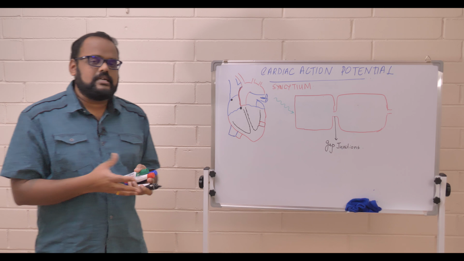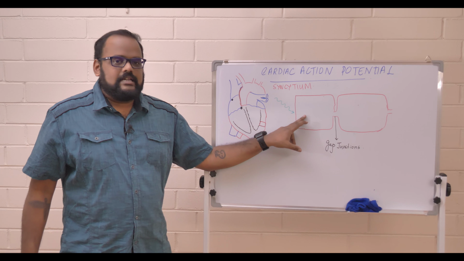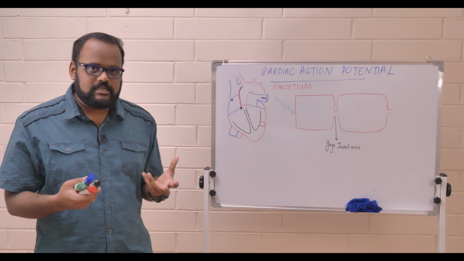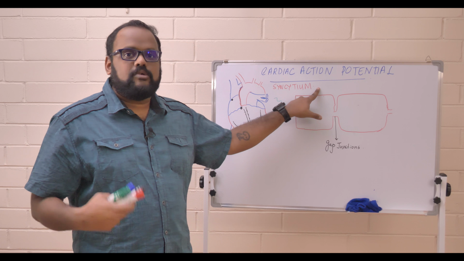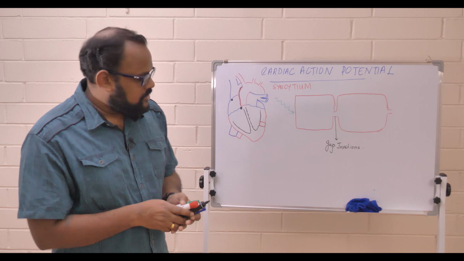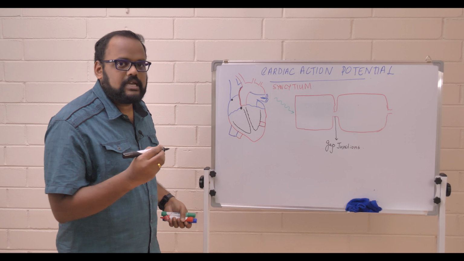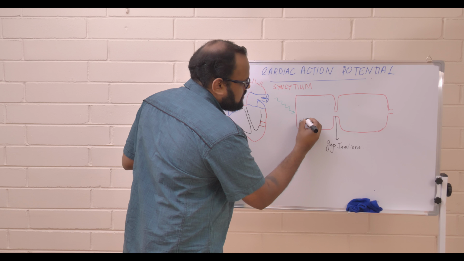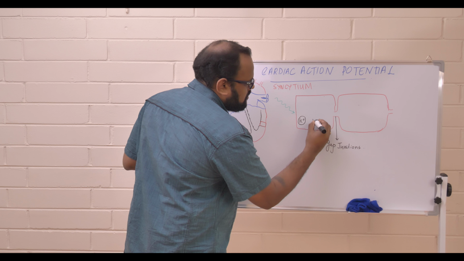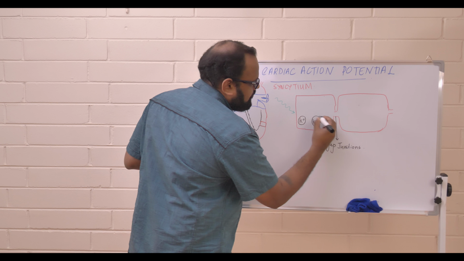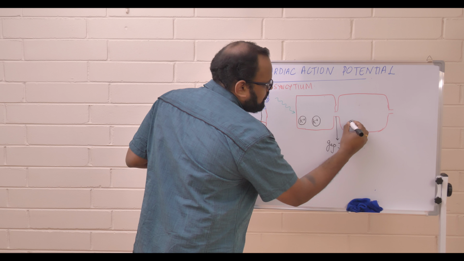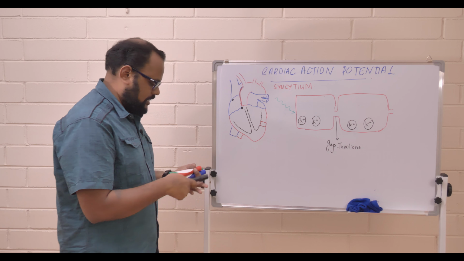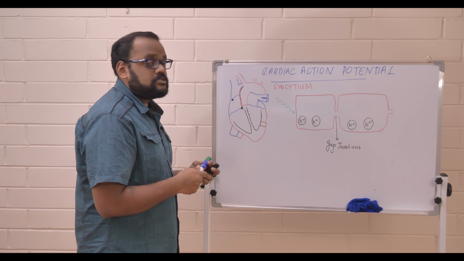What I mean by a resting stage is that inside the cell, the intracellular space, they have an electronegative potential, and outside is more electropositive. Inside your cell is rich in a cation, potassium, so inside your cell is rich in potassium ions. And outside your cell, it is quite rich in sodium ions.